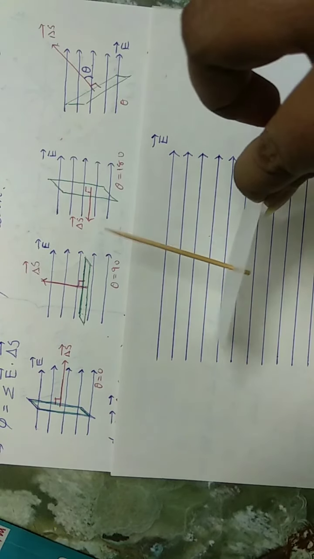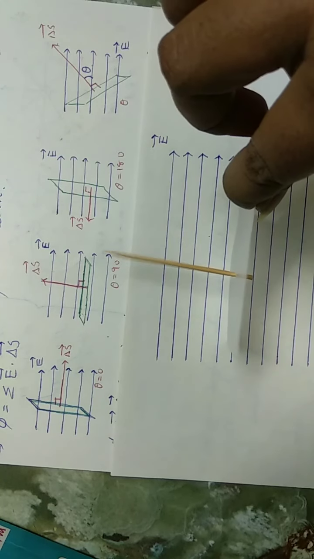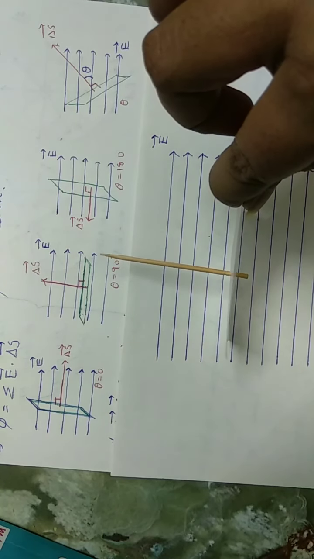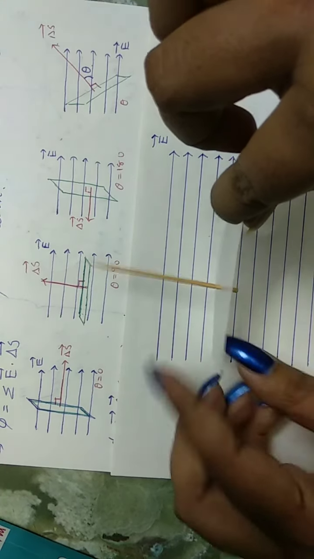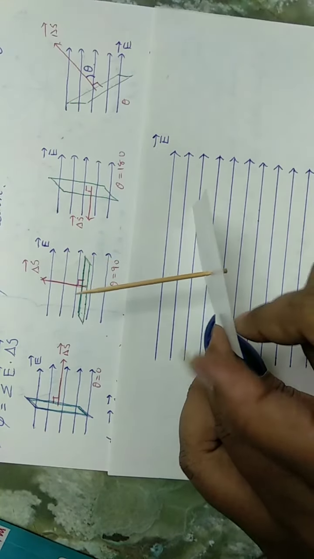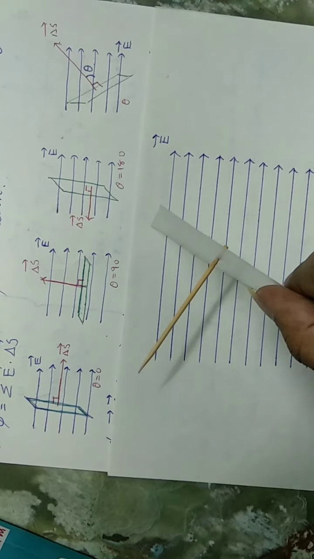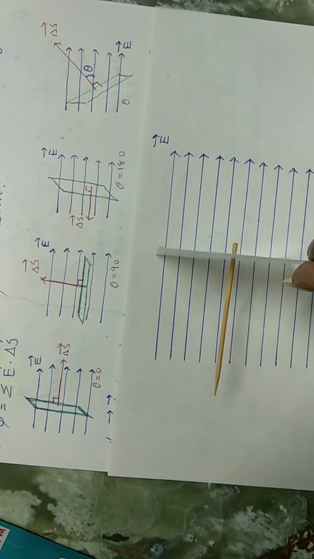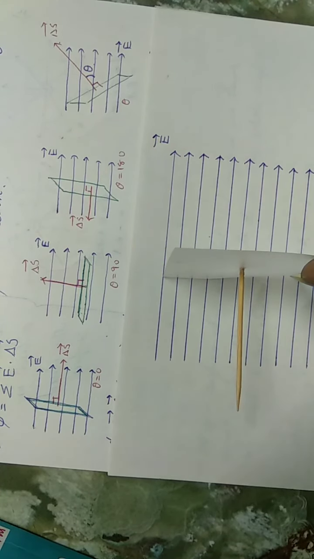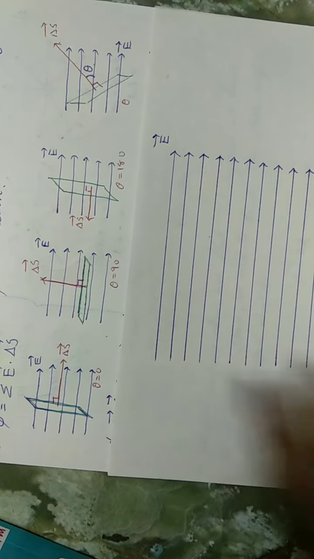And if you move the area completely like this, now no field line is passing through this area. So this is the second figure. Then if I'm rotating this area in other direction, then slowly flux starts becoming negative, and if I completely rotate the area like this, then flux becomes minus E dot A, as we have already seen.